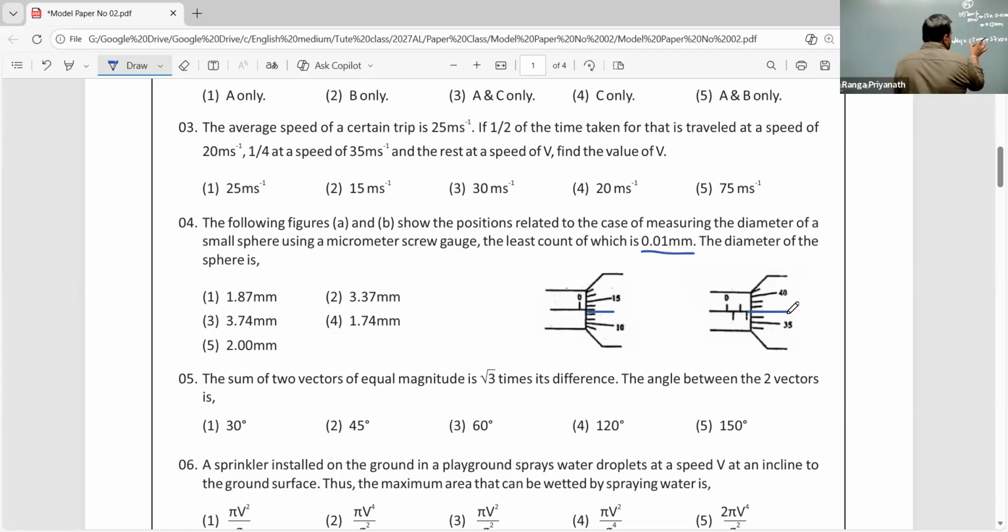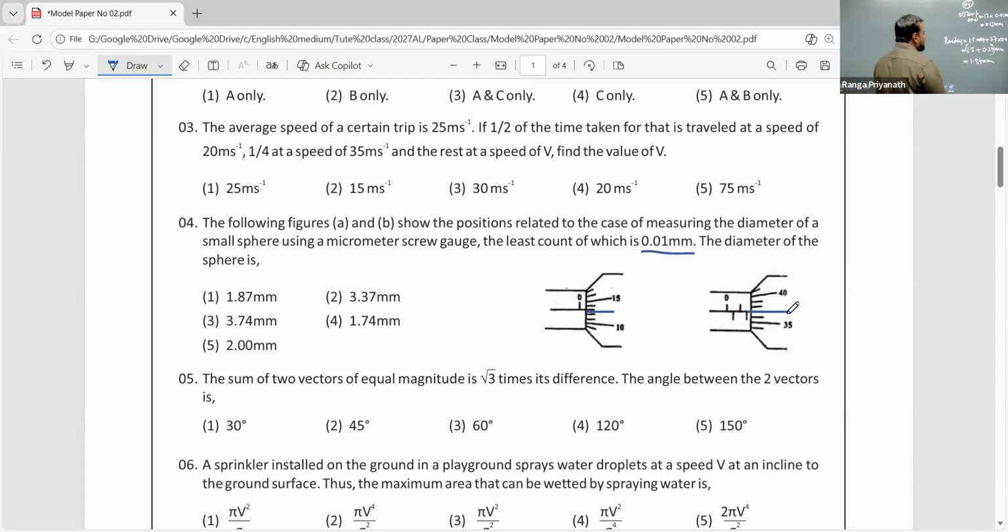The maximum possible reading from the main scale plus the reading from the circular scale: 1.5 plus 0.37 millimeter. When you add that, 1.87 millimeter is the observed reading.